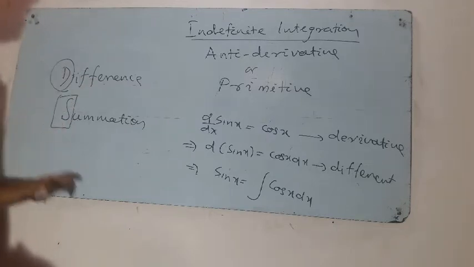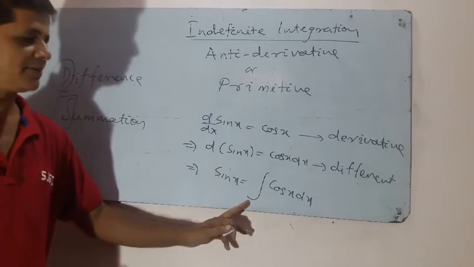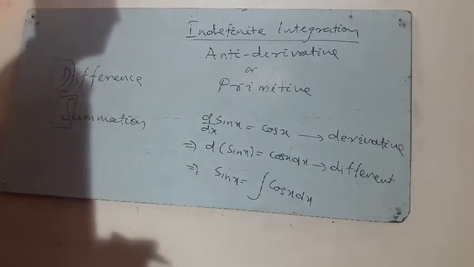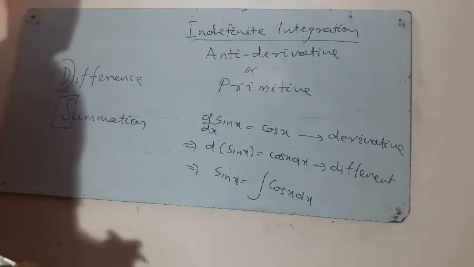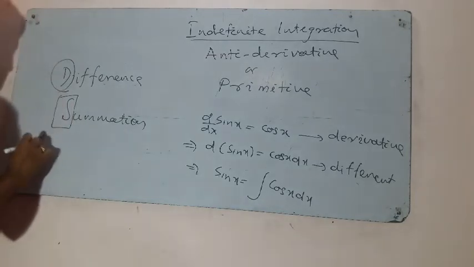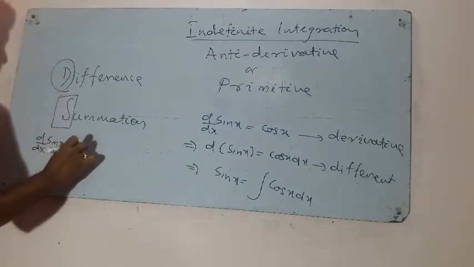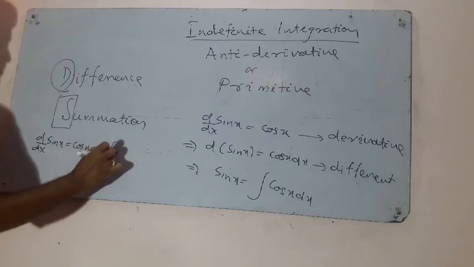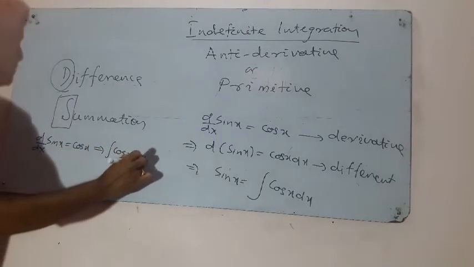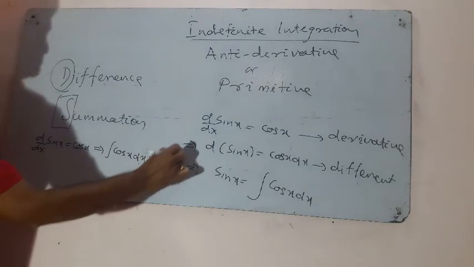Summation is the reverse process of difference. So s in the elongated form is written, and that is called the integration. d by dx of sin x is equal to cos x, then integration of cos x into dx is equal to sin x.